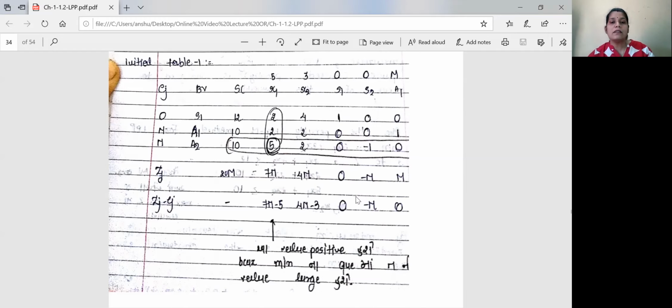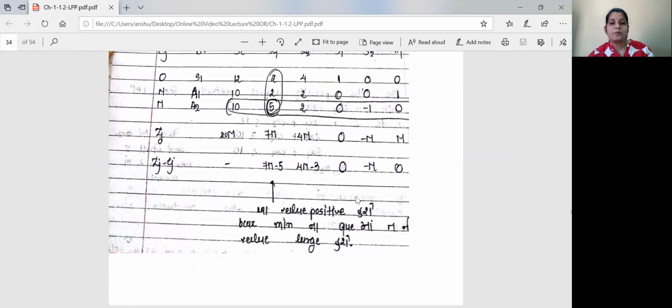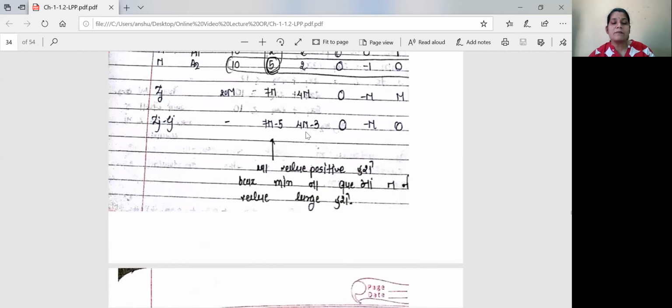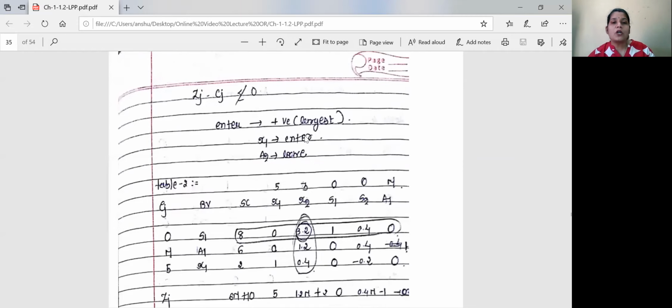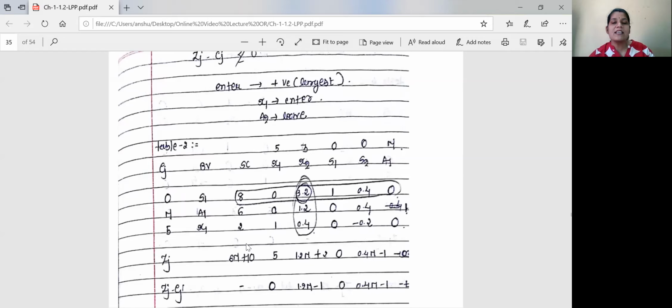So what is our next step? This is our key column. Then we find the key row. Okay, what is the method for the key row? How do we find the key row? The key row depends on the solution column and our key column.